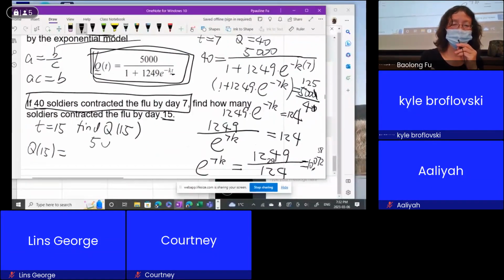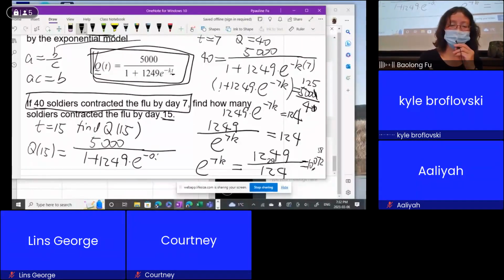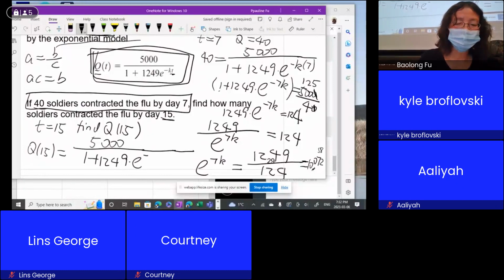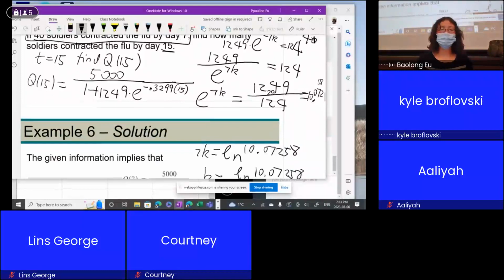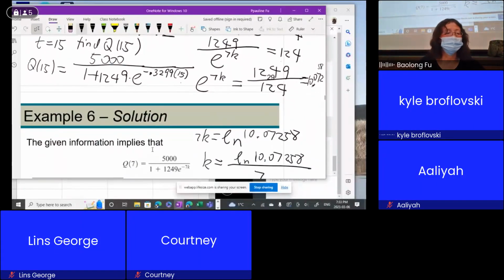So e raised to the power k, 0.3299 times t, where t is 15. We need to figure out what this number is.